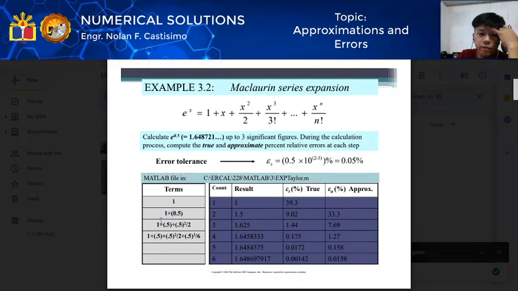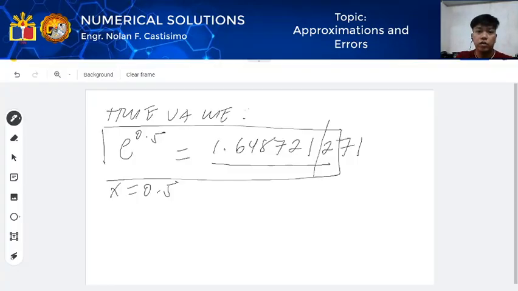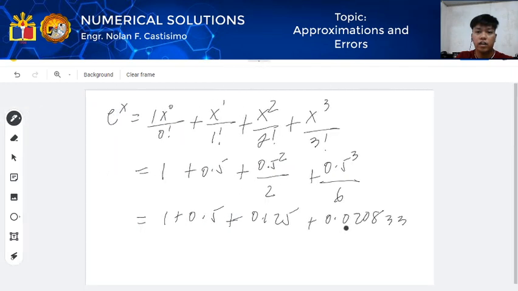So, itong third term. 1 plus 0.5 plus 0.5 square over 2. So, nakuha niya yan. Next, ito rin naman. Ito rin nakuha niya kanina. So, yan yung nakuha natin kanina. Ito, pag pinag-plus lahat natin yan, magiging anong sagot kaya? Equals 1 plus 0.